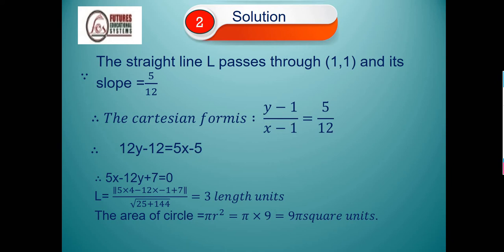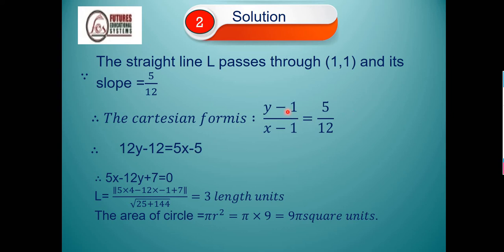Cross multiplication, we get 12y minus 12 equals 5x minus 5. The general equation after arrangement: 5x minus 12y plus 7 equals 0.